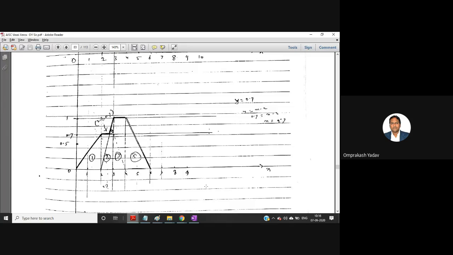If anybody has a doubt regarding drawing this graph or dividing it into a number of areas, please ask me. You are independent, it's up to you in what way.